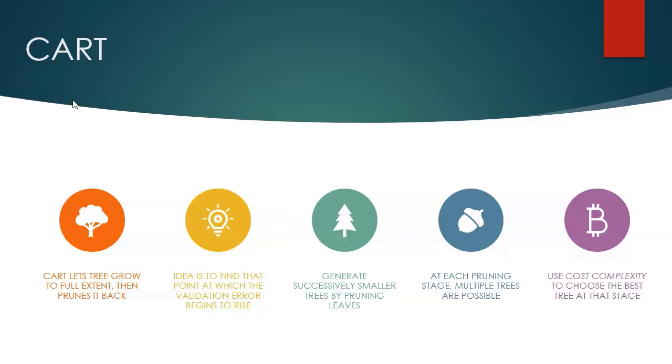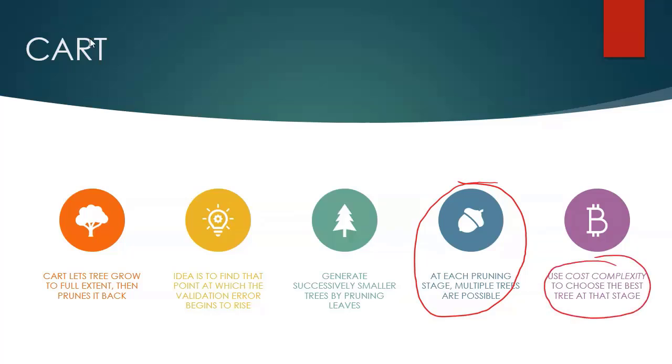Then it means that that node was a weak branch and it could have been pruned. We move on to the next weakest branch, and the key is that at each stage we keep examining what branch to prune, and we look at some statistic, some sort of metric to see if pruning that branch did deteriorate our accuracy in the validation set or not.